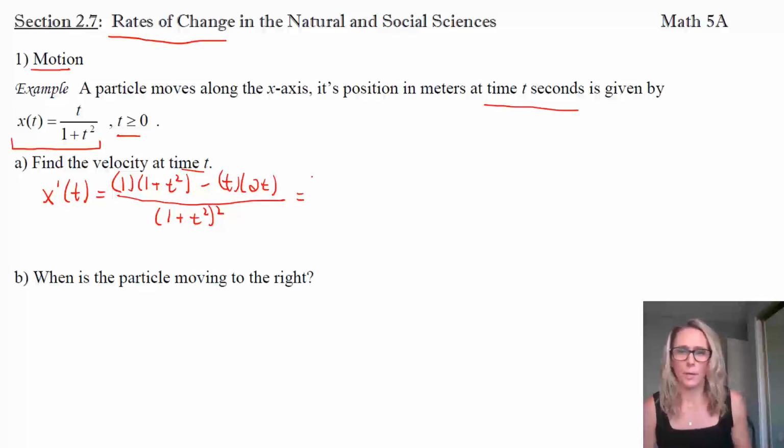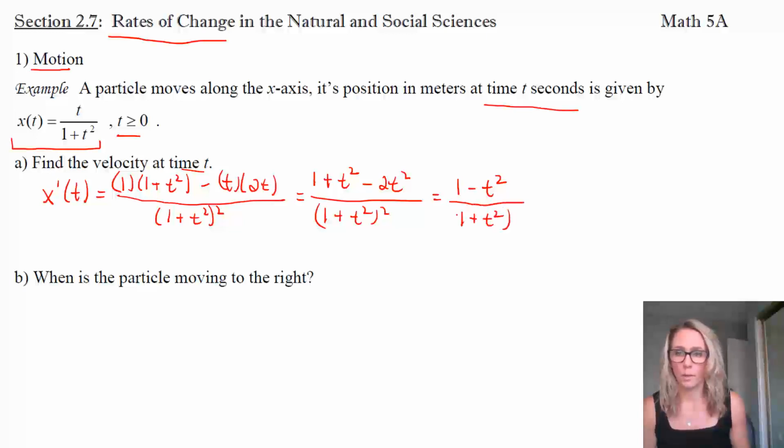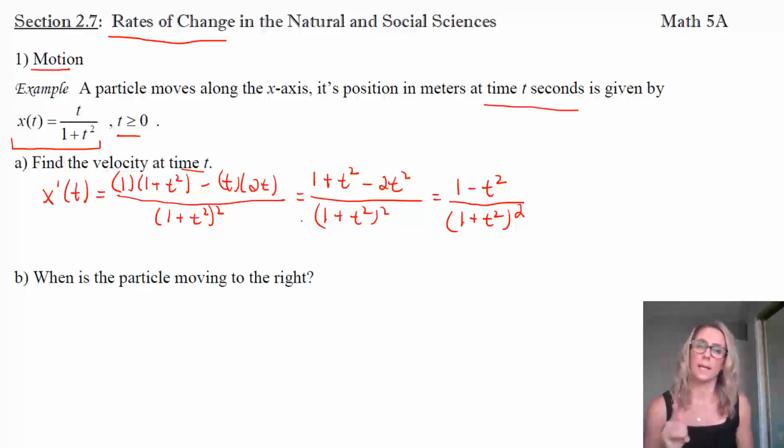So now I'm going to have my numerator, 1 plus t squared minus 2t squared, all over 1 plus t squared squared. I'm not going to multiply that out. There's no reason to do that right now. So it looks like I will have 1 minus t squared over 1 plus t squared squared. And that is our velocity at time t.